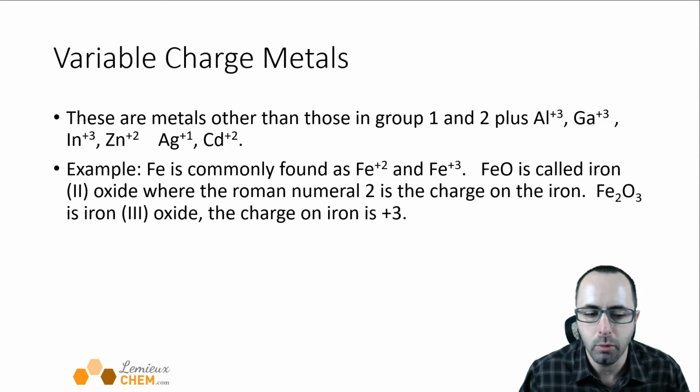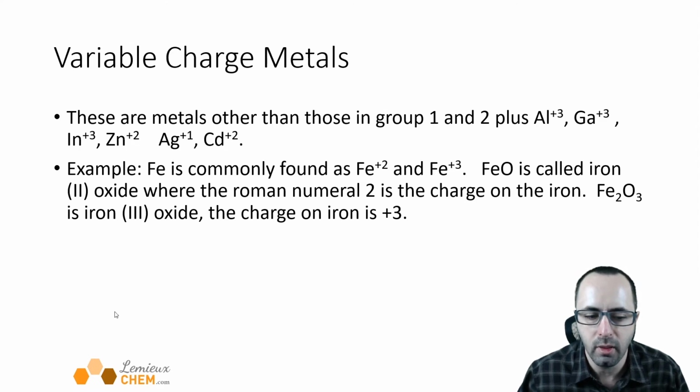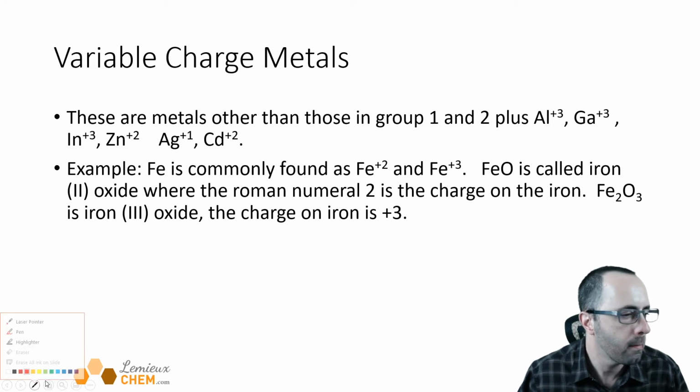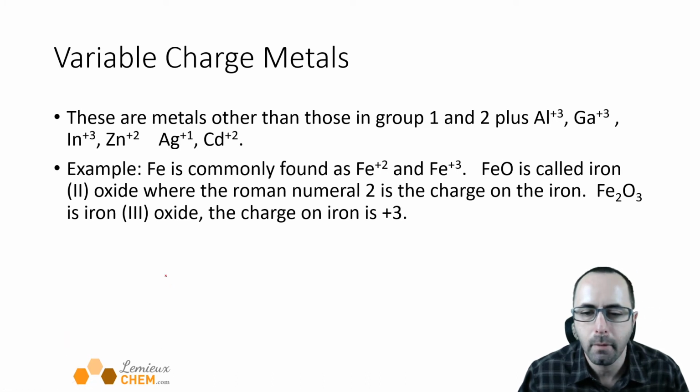So for example, with the iron here, the iron is +2 in the first situation, iron 2+. And the oxide is, oxygen is in group 6, so oxide is always -2.